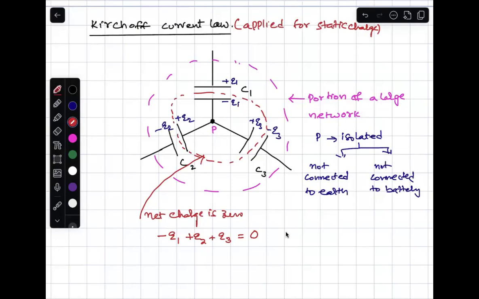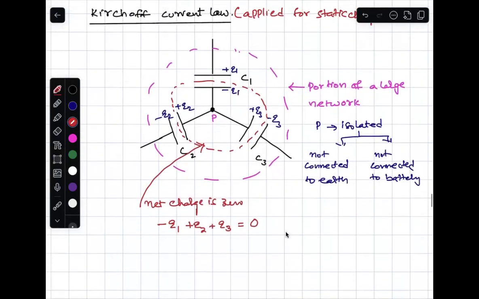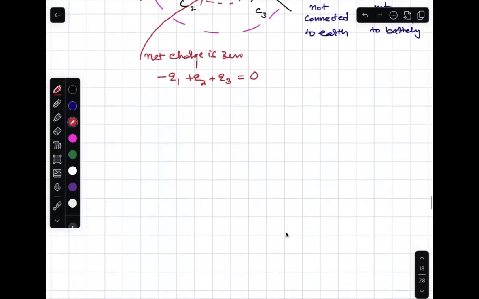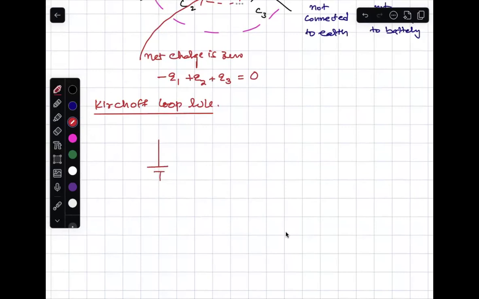Similarly, another law which I am about to deal with right now is Kirchhoff loop law. For this purpose, you require a closed loop. Imagine a simple closed loop over here.